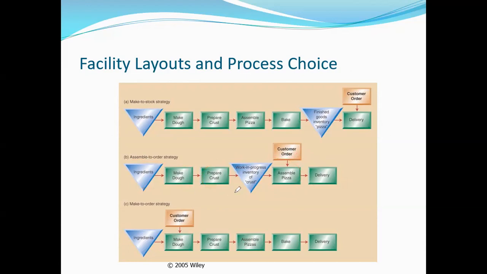But we also have the make to order strategy. Okay, so they have the ingredients, and you order right there. It's like you go to a very traditional Italian restaurant, you order something and you say, oh, I want this kind of dough, and a different type of crust, and then they will make everything from scratch once you place the order.